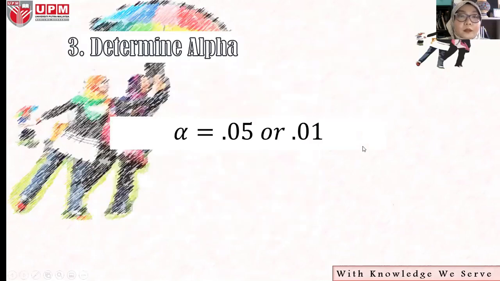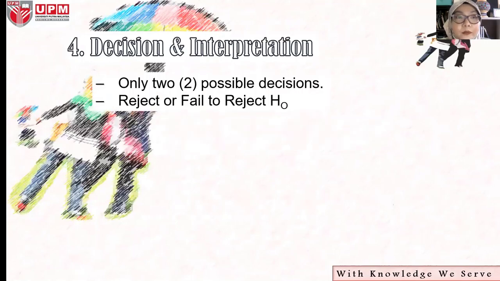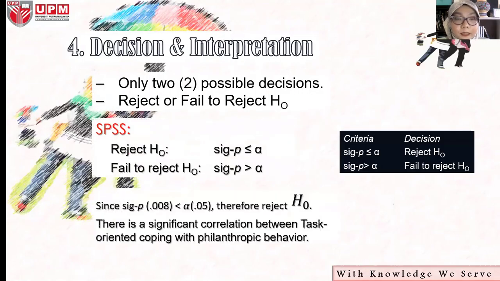Next one. Okay, then we set our alpha either 0.05 or 0.01. And then we make the decision by comparing the significant value against our alpha. We compare the significant value that we have earlier, which is 0.008, against alpha 0.05.